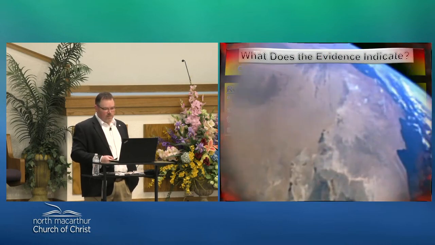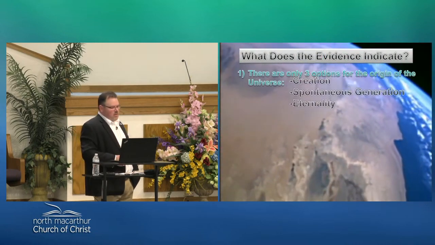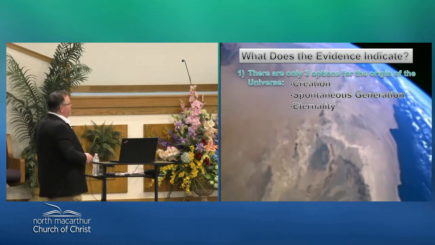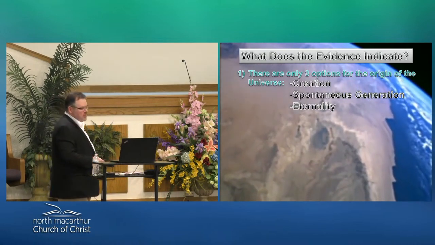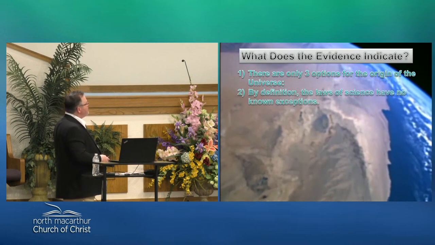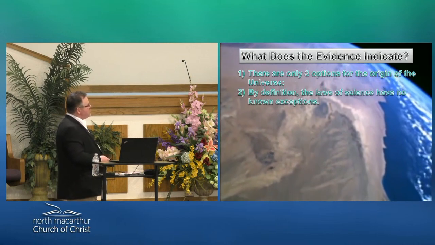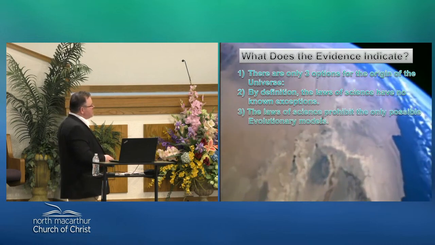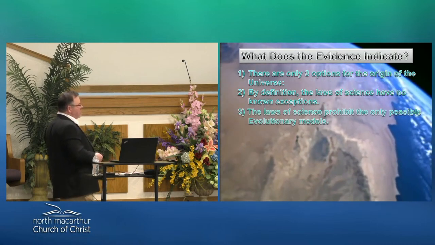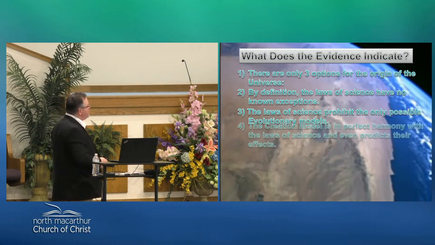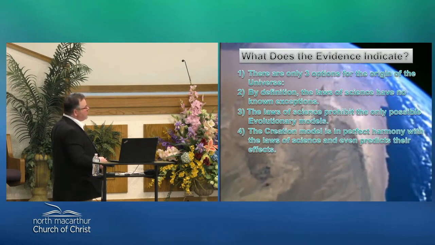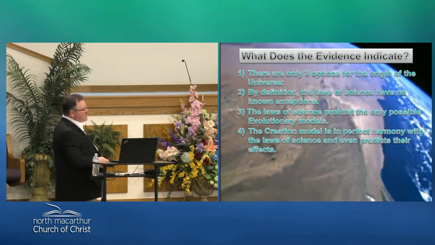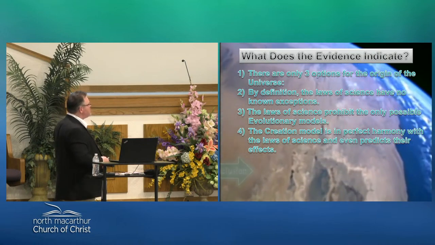All right. So, what does the evidence indicate? You've got three options: creation, spontaneous generation, or eternality of matter and energy. By definition, the laws of science do not have exceptions. The laws of science prohibit the only possible naturalistic evolutionary models, while the biblical creation model is in perfect harmony with those laws and even predicts their effects based on what Scripture teaches.